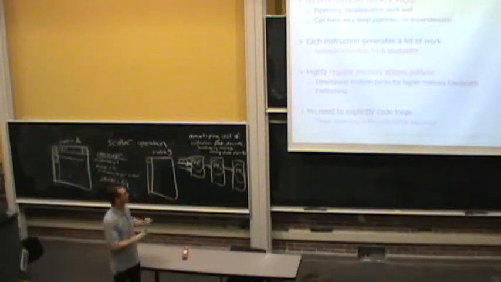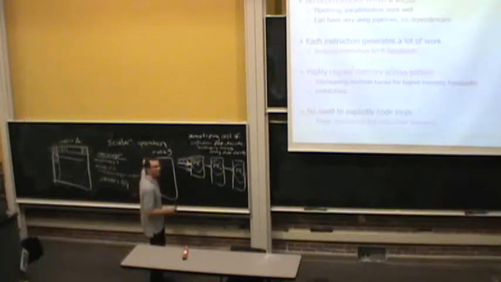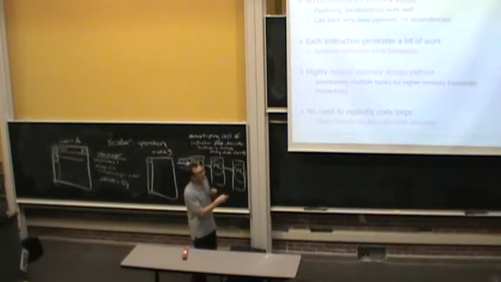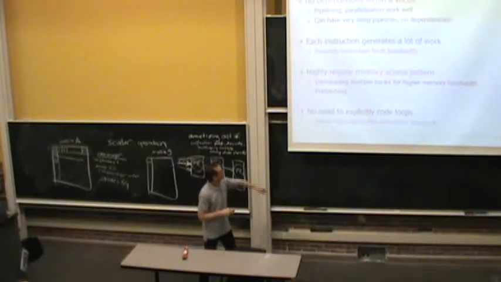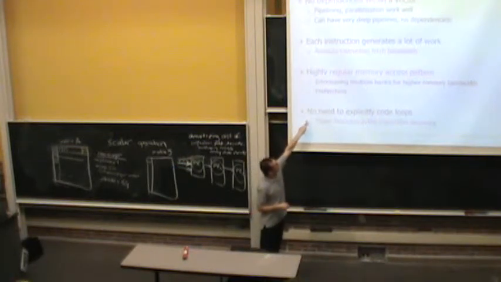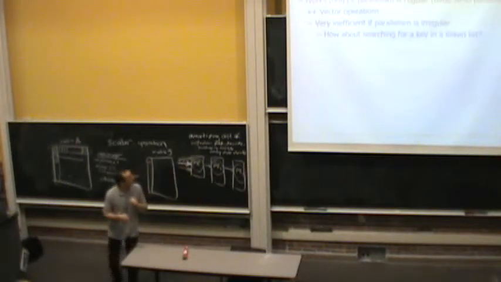You have a lot of parallelism, which means that you need to supply the data if you're loading the vector. Whereas if you're fetching from a single instruction, you need to supply only one element, right? But a highly regular memory access pattern helps you to prefetch data. And there's no need to explicitly code loops. You can eliminate branches with this, and we will see that as well.